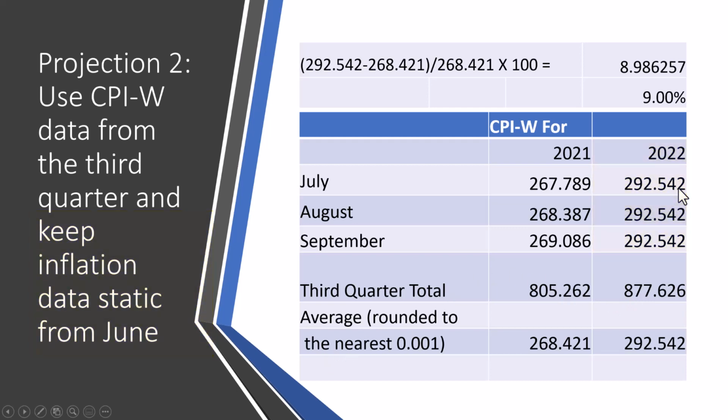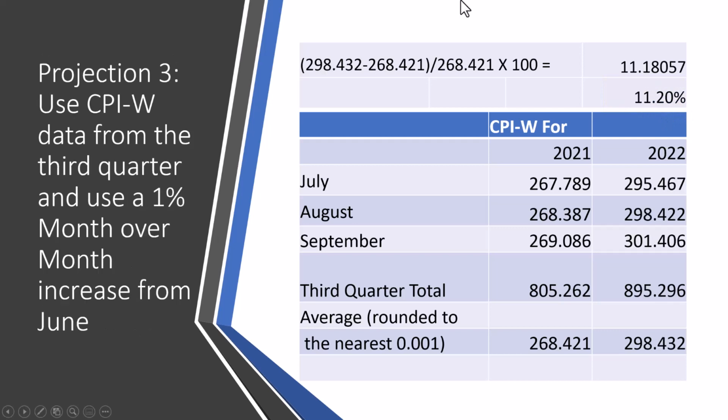That's June's number. Again, we update all the numbers to match the third quarter, so July, August, September, just like how it's supposed to be. We add those numbers up, find the average, and then we pop it into that same calculation: 292.542 minus 268.421, and then we divide it by 268.421, and we get 9%, because it rounds to the nearest tenth, and it looks like it should be rounded up here.